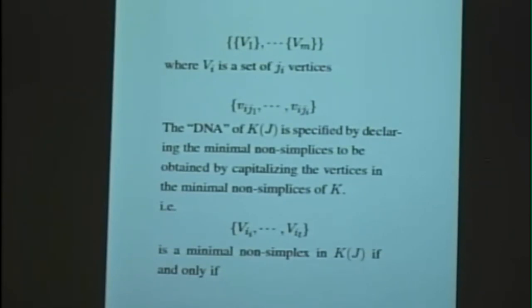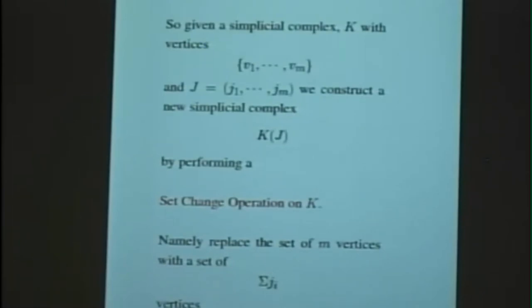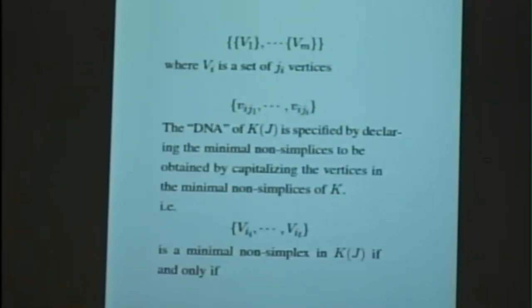Well, what I'm doing is, I start with M vertices. So let's take a look at the first vertex, V1. I replace V1 with V11 up to V1J1, there was a typo there.